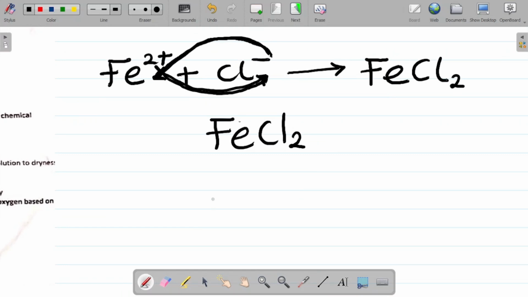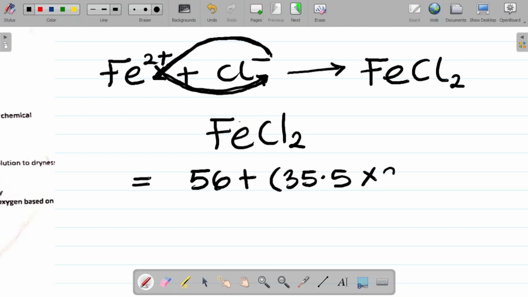Alright, so to get the molar mass of this compound, note that the molar mass of iron is 56. So it becomes 56 plus, for chlorine, the molar mass of chlorine is 35.5. But since you have 2 atoms of chlorine, it becomes times 2, because I have 2 attached to the chlorine here, as you can see.